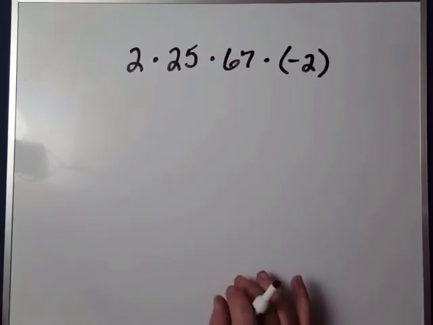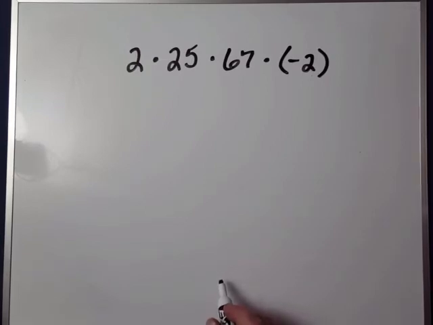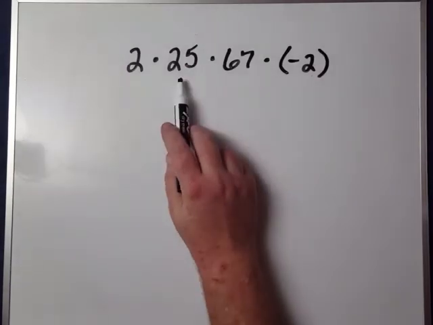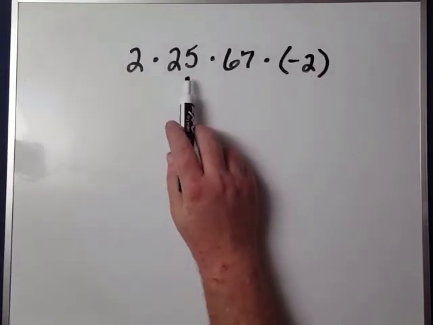I certainly wouldn't want to try that in my head, multiplying it out exactly as it's laid out. Do you see what we're going to want to do? You may want to pause the video here and just ponder on that for a minute. Do the work mentally. So I see this 25, and I go, that could be a nice number to work with.